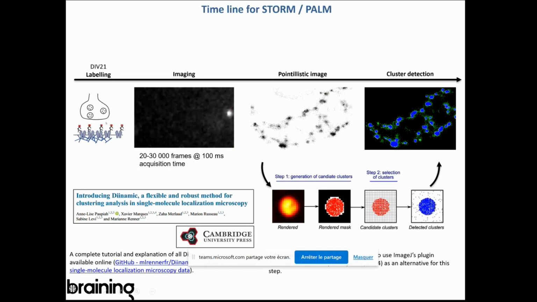So here is a typical example of an experiment using STORM. So you have, again, immunocytochemistry for endogenous receptor, primary, secondary antibody with a fluorescent dye, and so we accumulate between 20 and 30,000 frames with an acquisition time of 100 milliseconds.